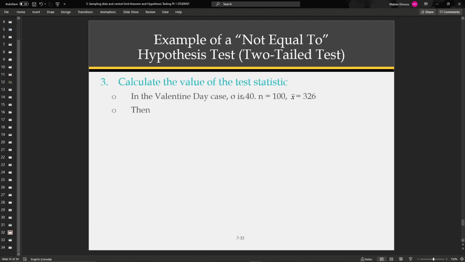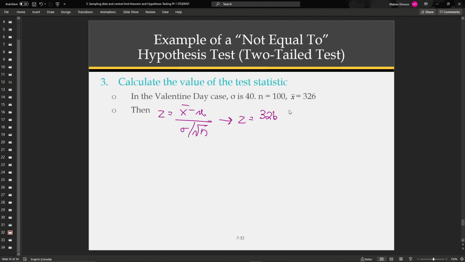So I tried to write some of the data out here. We're going to find our z value. The x-bar that's given in the question is 326.